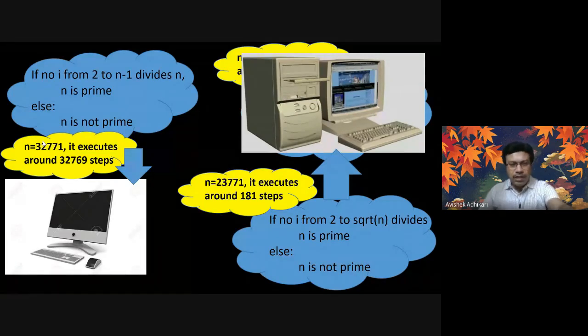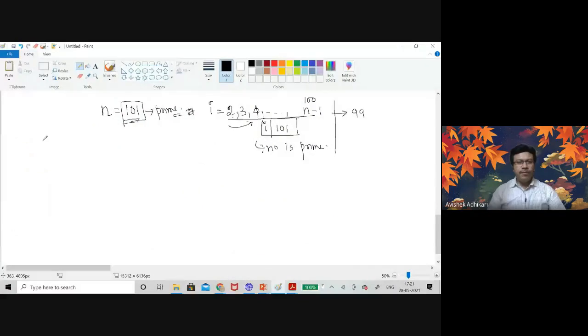So if you have some number n in decimal, can anybody tell me how many binary digits are there to represent this decimal number in binary? Around? Any idea?